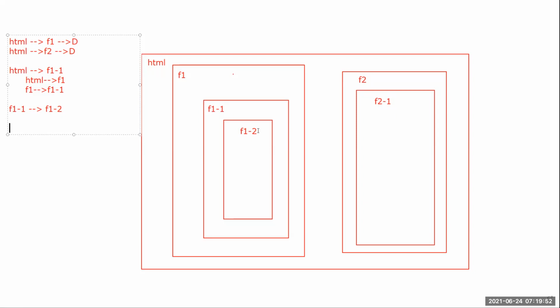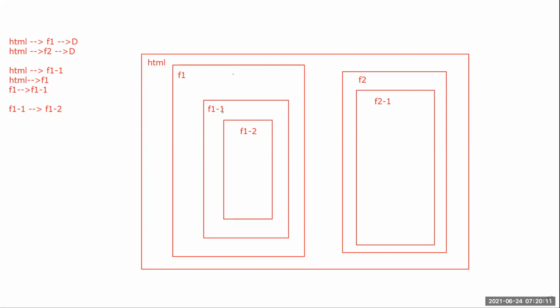So this F11, sorry, this F11 is the parent of F12. Agree? These are parent and child, right? F12 is inside F11.